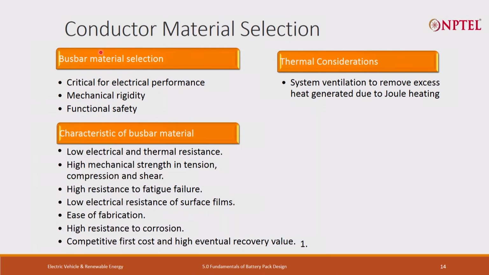A characteristic of a bus bar material: it should have low electrical and thermal resistance both, because if you do not have low thermal resistance, it will not be able to vent out its excess heat.